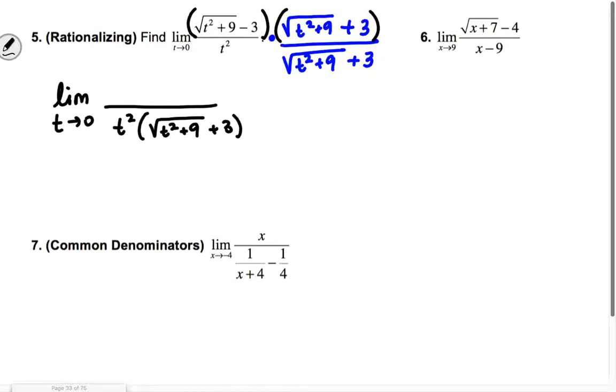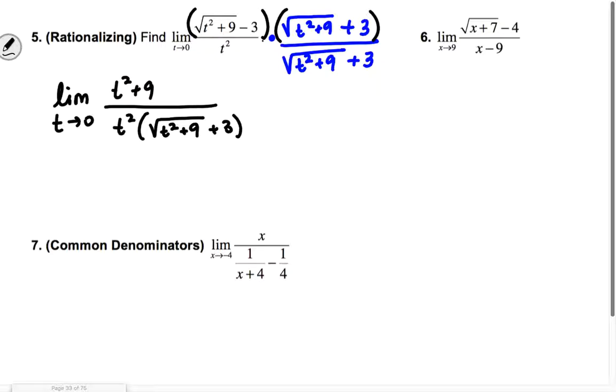Okay, so think about FOILing the top. So what do we get when we multiply the first term? So the two things that are under that square root. Yeah, it's just t squared plus 9, right? Because it was the square root of t squared plus 9 times another square root of t squared plus 9, so the square roots go away. The outer and inner, what happens there?